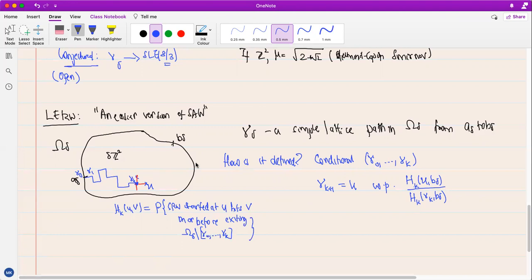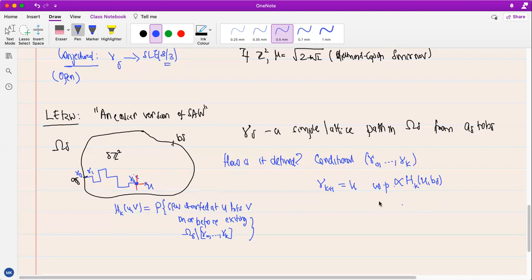Okay. So you go with probability proportional to that. If you have higher probability, if you come this side, maybe you have less chance to avoid this, so this will have lower probability and so on.